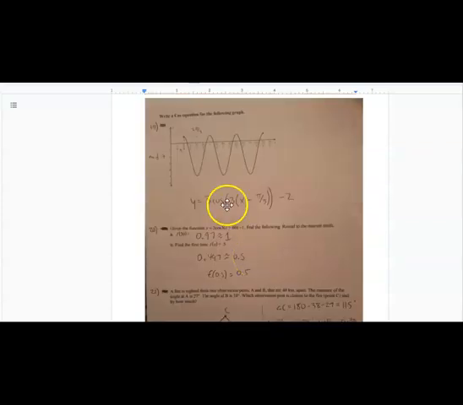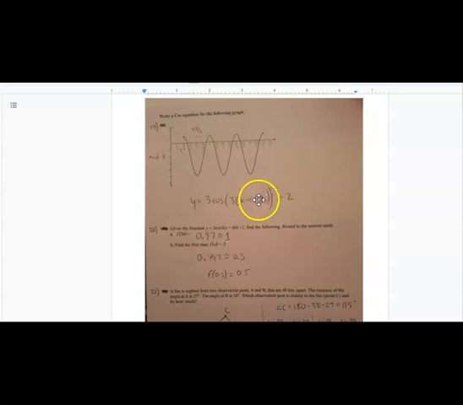And 19 is a little bit tougher because it actually shows a phase shift. It phase shifts about pi over 3 to the right. The midline is -2. It has an amplitude of 3 because -2 plus 3 is 1. It has a max of 1 and a minimum of -5, since -2 minus 3 is -5.